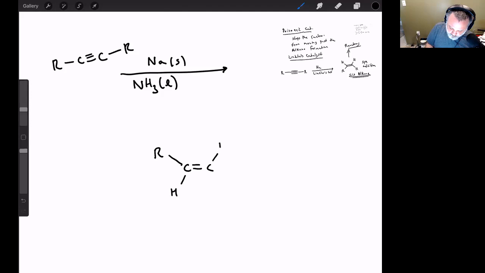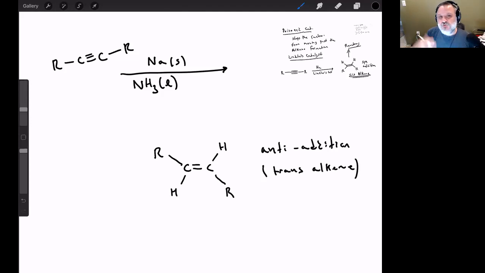It's still poisoned in the sense that it will not fully reduce to an alkane. It stops at the alkene, but you get anti-addition, and you produce the trans alkene.